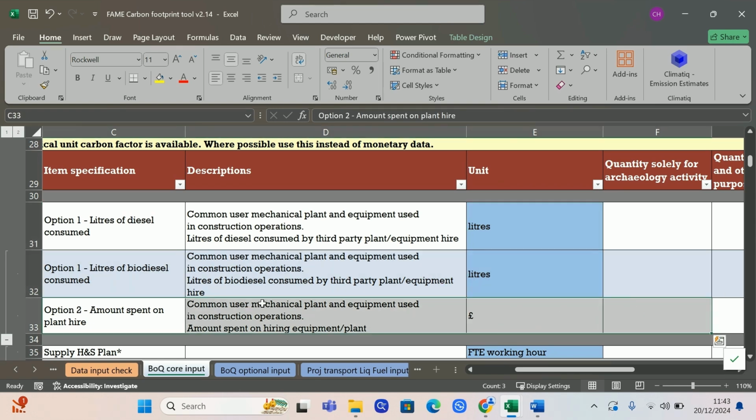So the first thing to note is, if you enter the amount spent on plant and equipment hire, and that includes the amount spent on excavators, then do not enter data into the soil and excavation tab as well. Similarly, if you're entering litres of diesel consumed by your excavators, then do not enter any data into the soil and excavation tab as well.